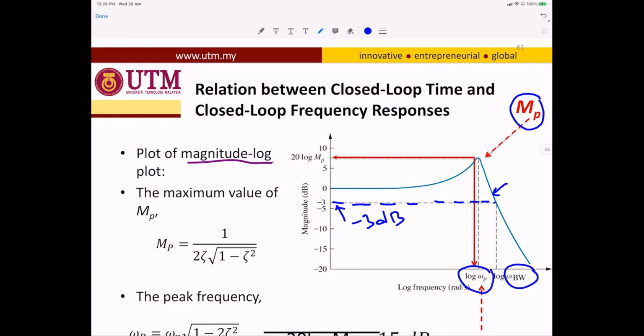So what I'm going to tell you, for closed loop frequency response, you will get 3 important pieces of information. First is the peak magnitude.